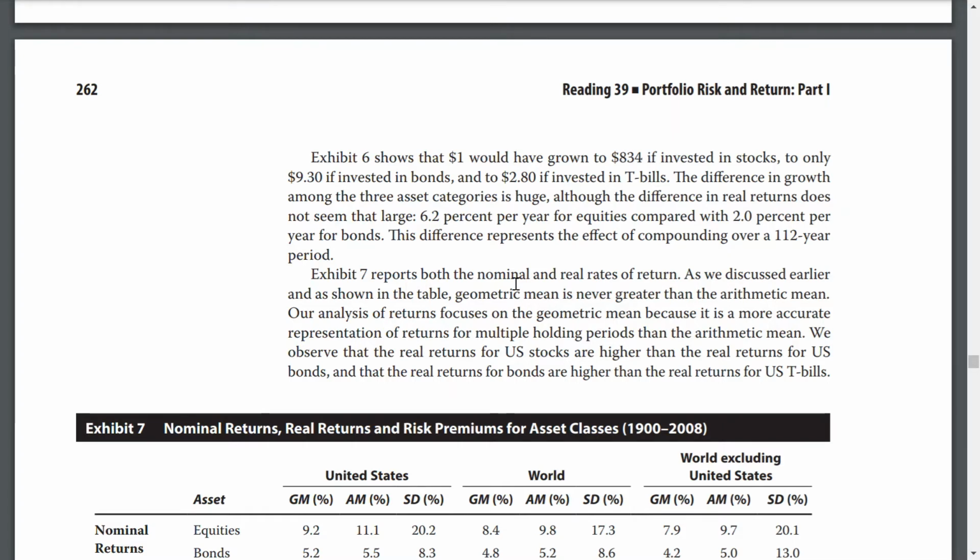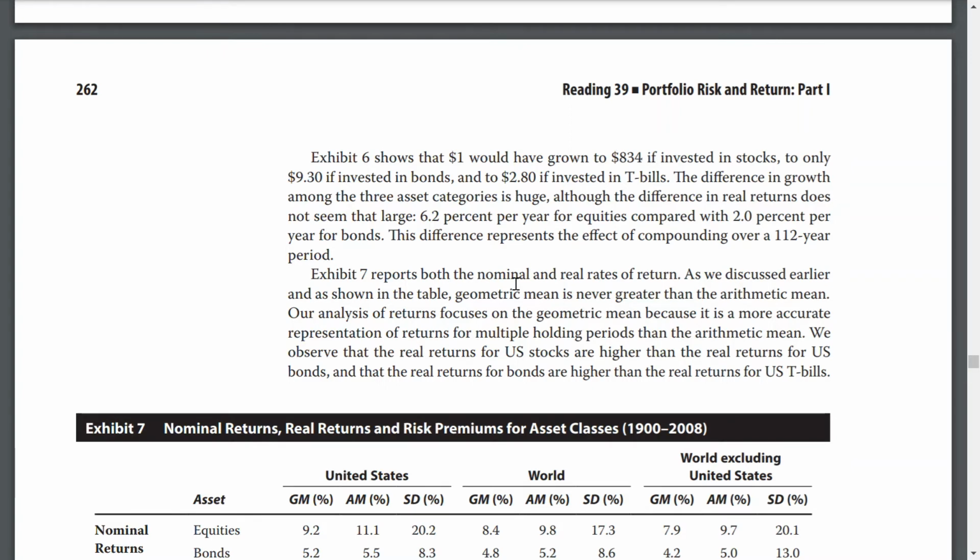The difference in growth among these three asset categories is huge, although the difference in real returns does not seem that large: 6% per year for equities compared to 2.0% per year for bonds. The difference represents the effect of compounding over a 112-year period.